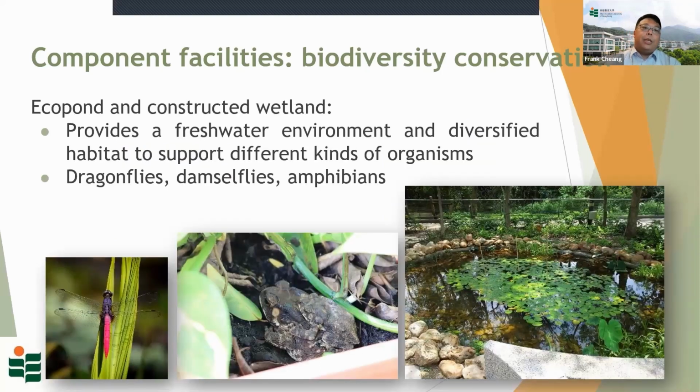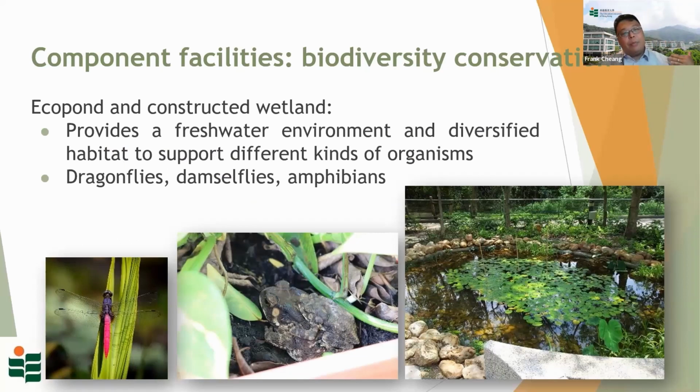We also have the eco pond. Other than the central pond, which we call the ornamental pond, we also have a small eco pond, and this eco pond is associated with another area, which we call a constructed wetland. We hope that we can provide a freshwater environment so that we can diversify the habitat and support more different kinds of organisms.